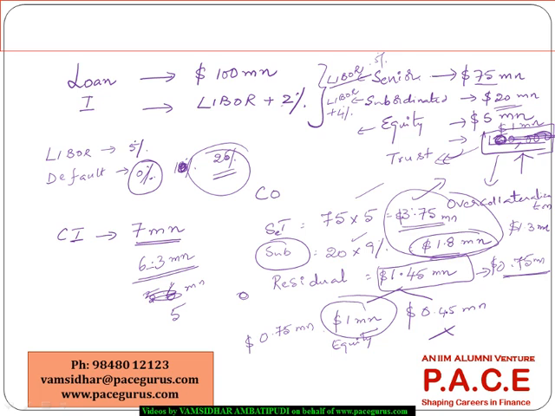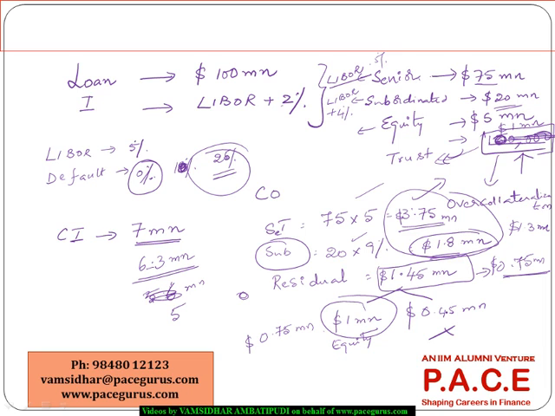Once you understand this particular numerical case, understanding which tranche will enter into losses, at what level each tranche will start accumulating the losses, and all these things can very comfortably be understood.